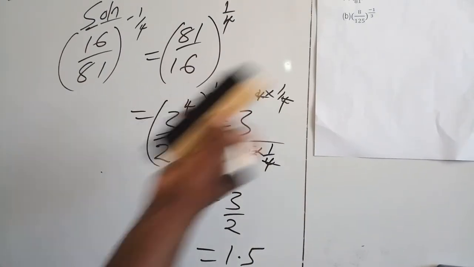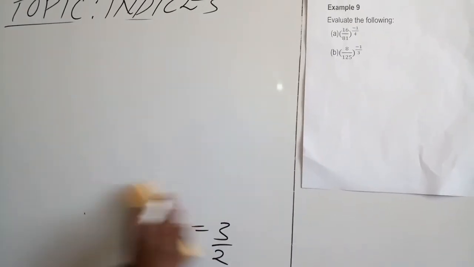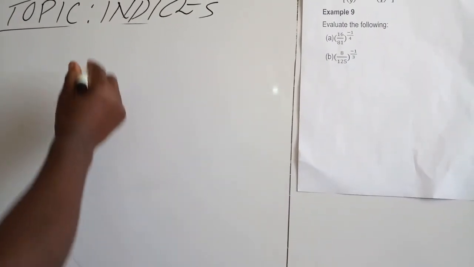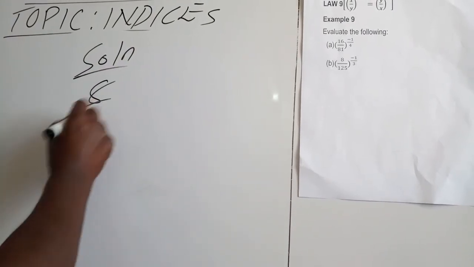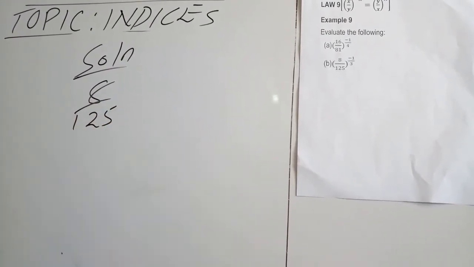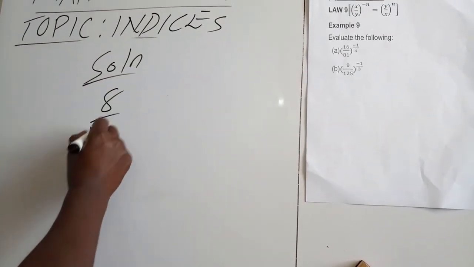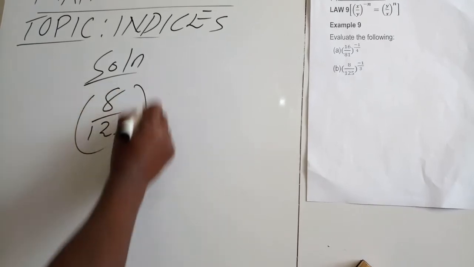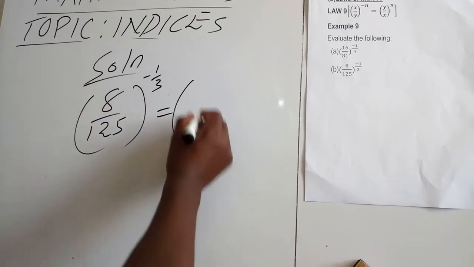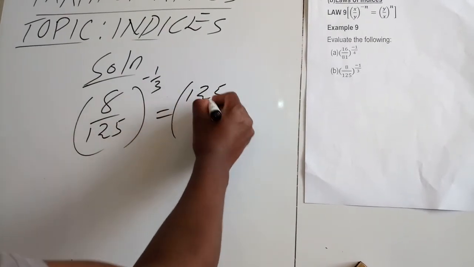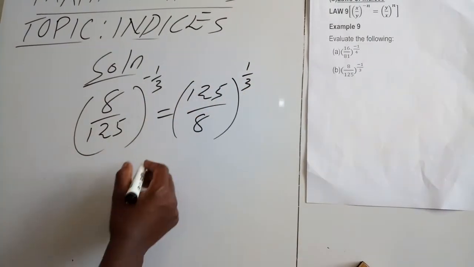We go to our last example, that is example 9 part B. We have 8 over 125 power negative a third. This will be the same as 125 over 8 power positive a third.